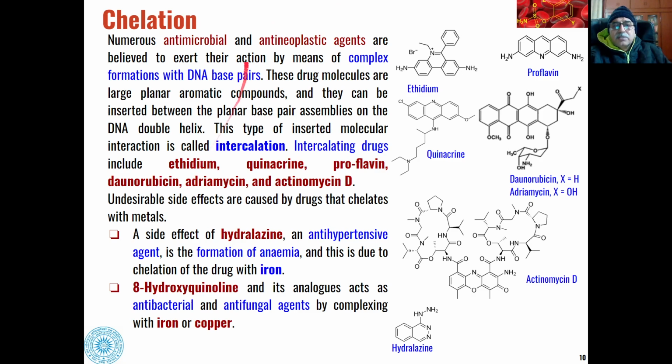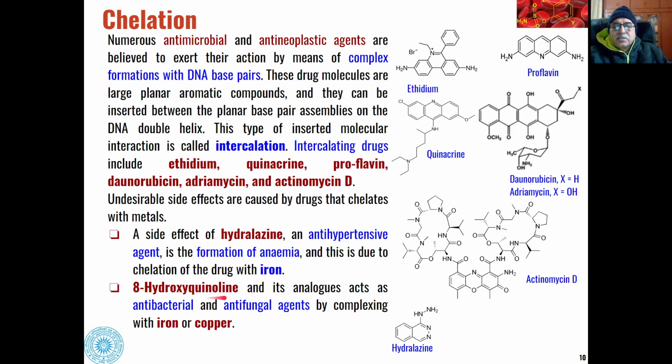But these intercalating drugs have a few side effects also. For example, hydralazine, because of the presence of these nitrogen atoms, can strongly chelate with the iron present in the body, and this will lead to anemia or iron poisoning.